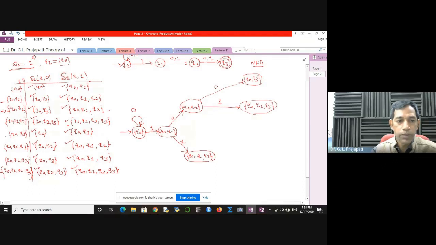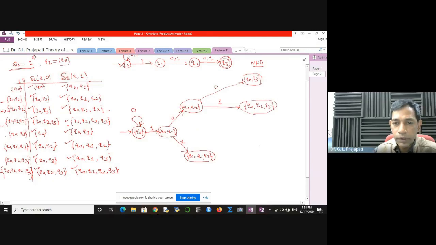Now you have seen the transition for this, now you can see the transition for this. So if you are at Q0 Q1 Q2, for the case of input 0 you are going to Q0 Q2 Q3.